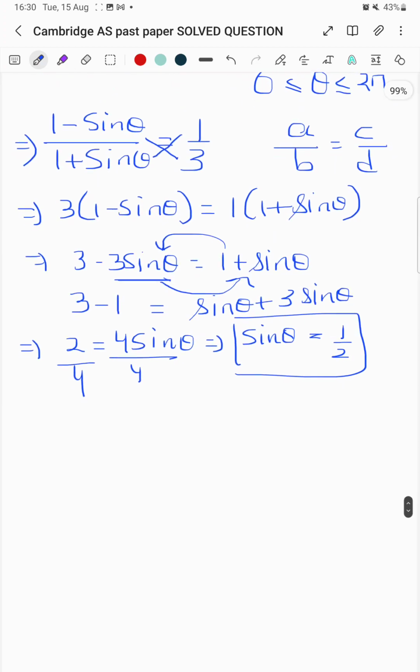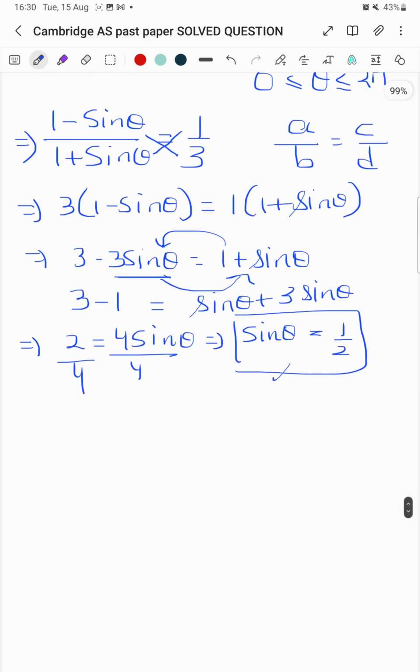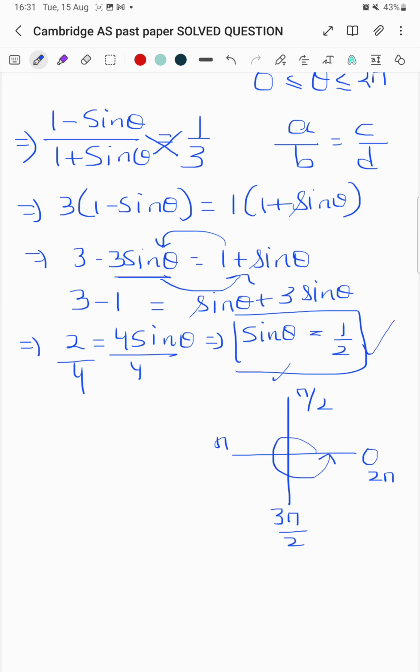Now I have the equation sine theta is equal to a half, and theta is from 0 to 2 pi. So this is 0, pi over 2, pi, 3 pi over 2, and 2 pi. This is one full rotation in the anti-clockwise direction. Sine theta is a positive value, and sine is positive in the first and second quadrants, so I have to get two solutions from 0 to 2 pi.